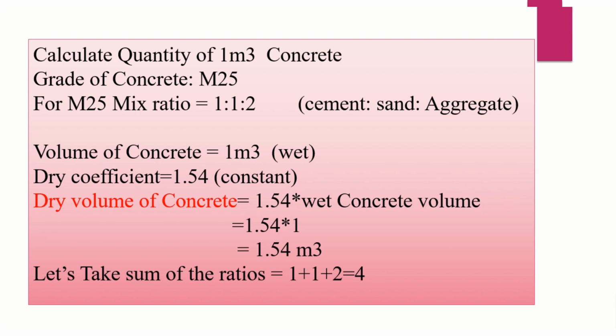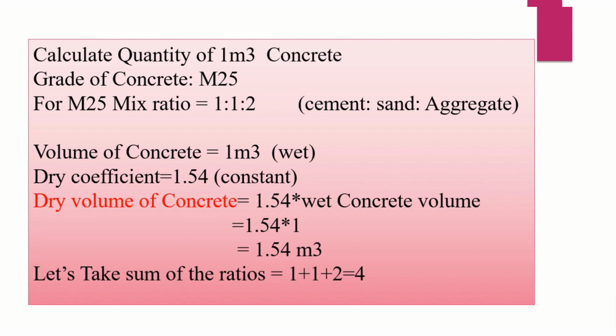Now we have volume of concrete 1 meter cube, which is wet volume, but we need to calculate dry volume of concrete because cement, sand and aggregate are in dry state. In order to calculate dry volume of concrete, we need to multiply wet volume of concrete with dry coefficient.